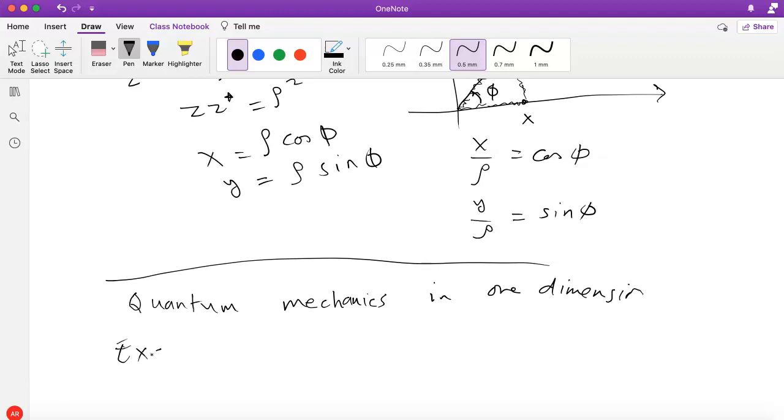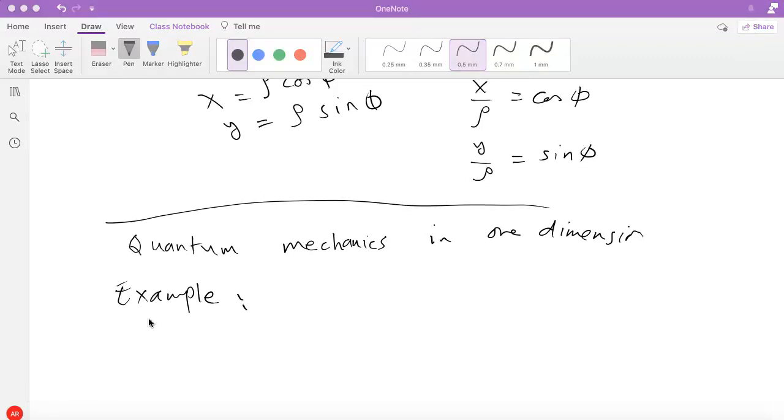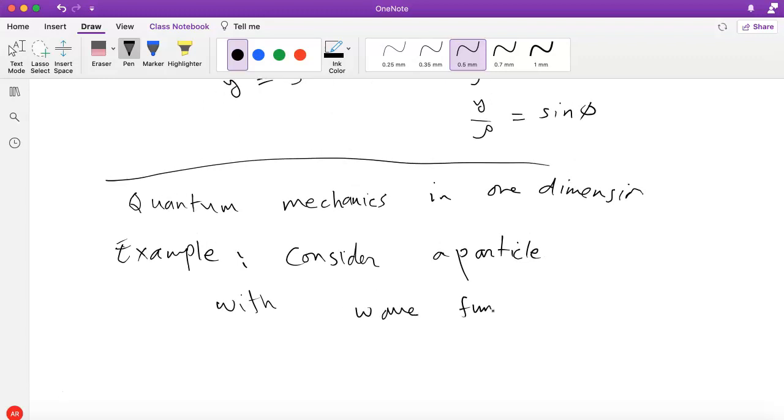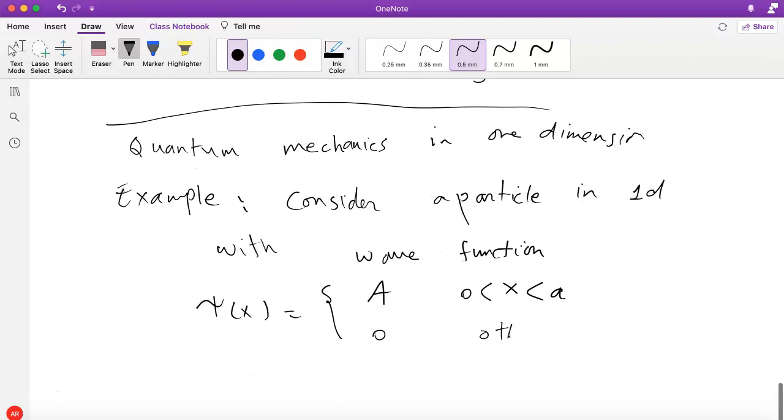So, example: consider a particle in 1 dimension with wave function psi of x, which is equal to just some constant a for x between 0 and some length small a, and is 0 otherwise.